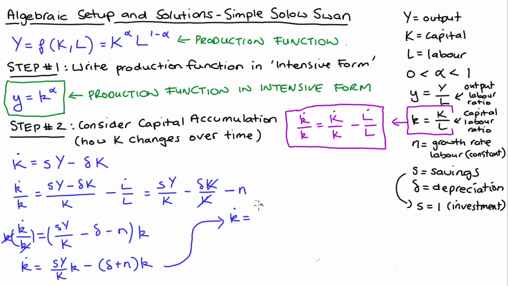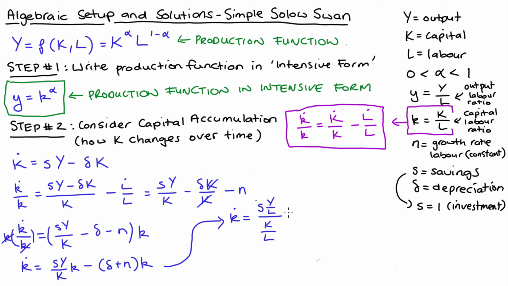What I'm going to do with this first term is multiply and divide by 1 over big L. This will put our capital and our output in terms of their per capita variables. So I'll put L, that's labor, under Y. So I've multiplied that numerator by 1 over L. And I'm also going to do that to the denominator, so I'll put L under K.